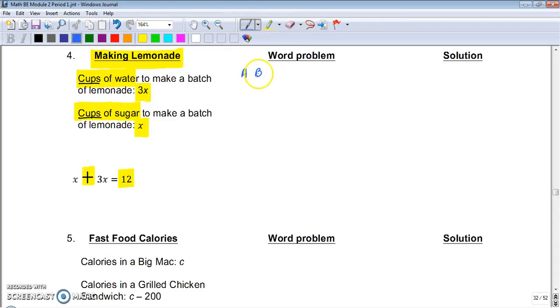So a batch of lemonade consists of 12 cups of sugar and water.